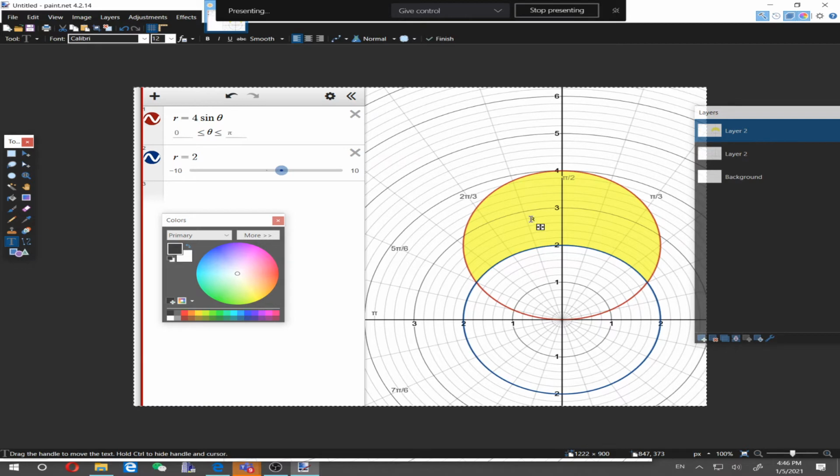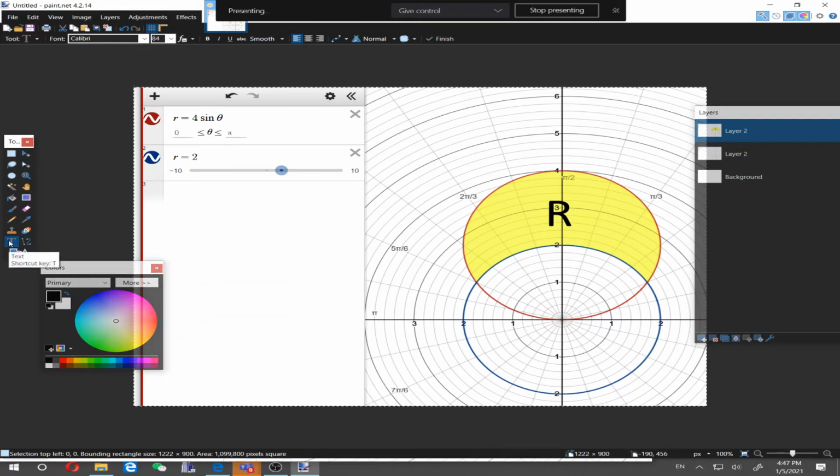So I'm going to call it region R. Okay, so I want to find this region R. What do I have to do? Starting with Andrew next. I have to find the intersection of 4 sine theta and r equals 2.